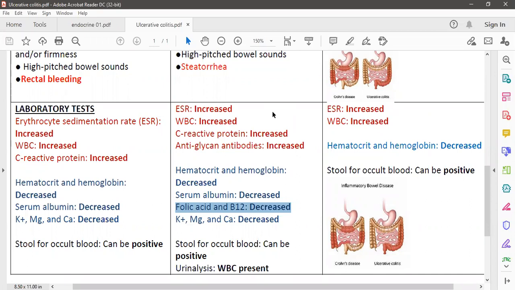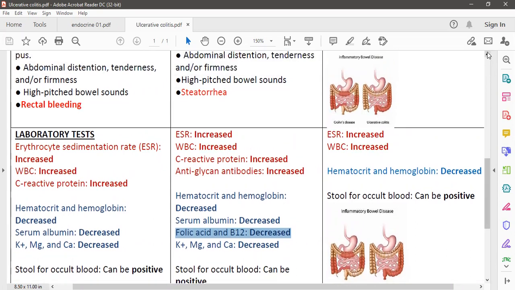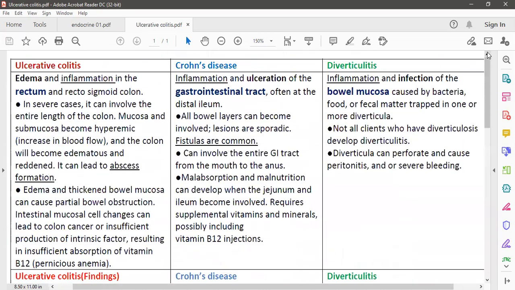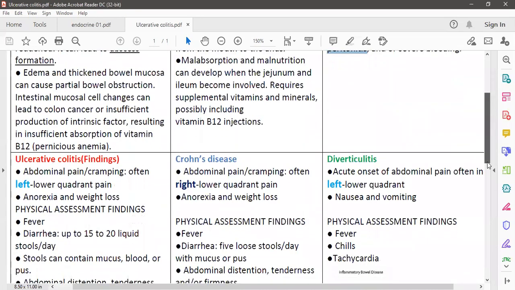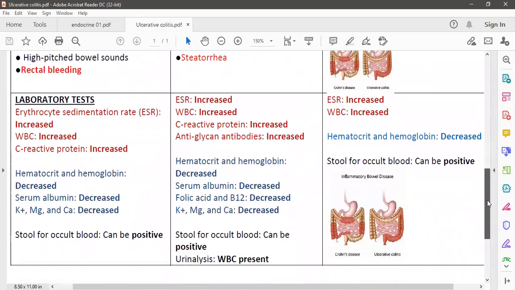Okay, so I want to recap a little bit about diverticulitis here. I said they have a major complication, peritonitis. As an LPN or RN, we have to know the signs and symptoms of peritonitis. In laboratory study, we see decrease in hematocrit and hemoglobin, but increase in ESR and WBC.